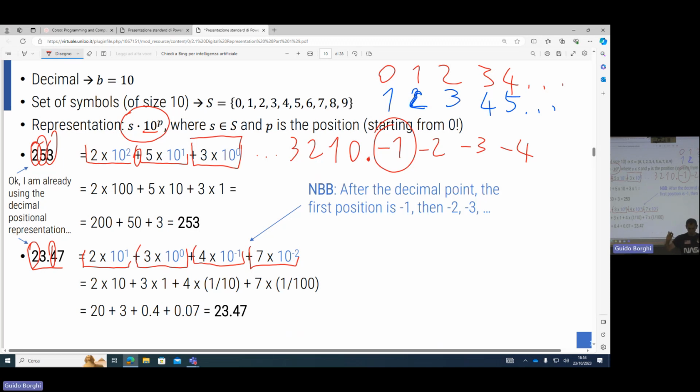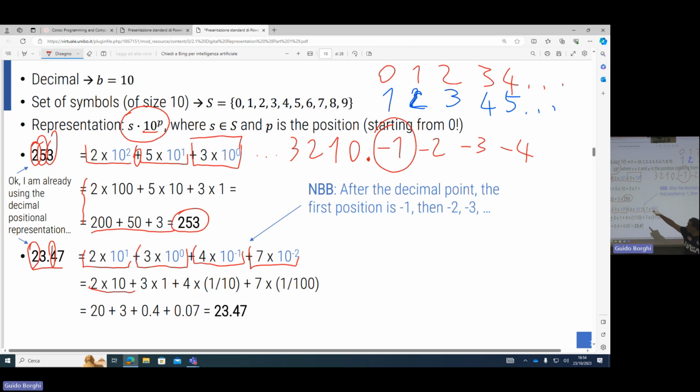Easy peasy. Oh, I forgot in the previous example to do all the computation, but it's pretty simple. We multiply all the elements, we sum all the elements, and we obtain the final value that corresponds to the initial value.